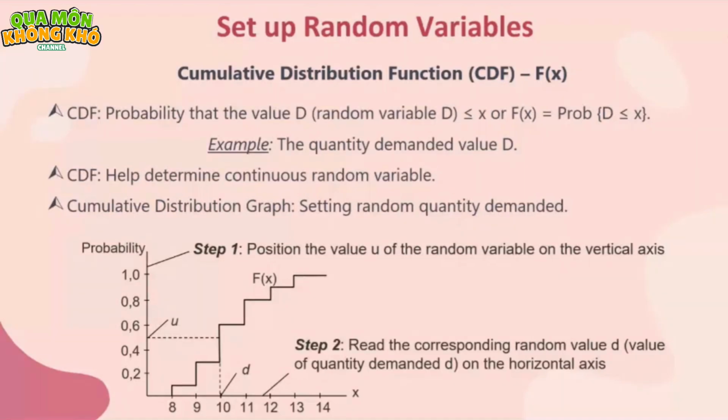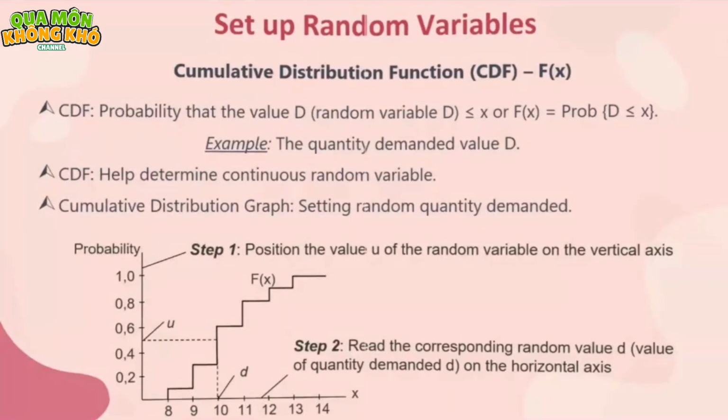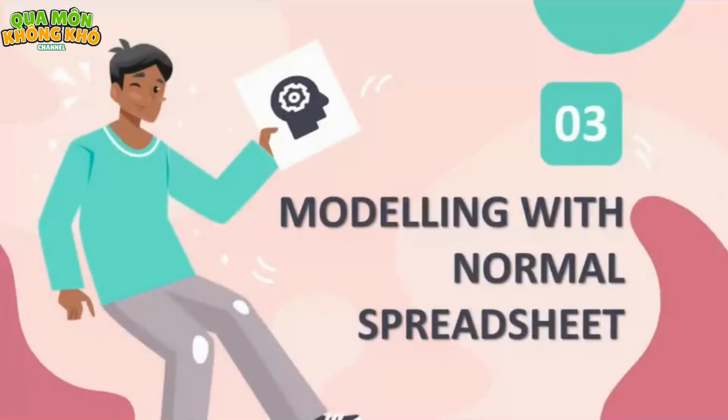For example, for the quantity demanded D, the cumulative distribution will help determine the continuous random variables. And next, we will apply the simulation in Excel, and it will be presented by the next presenter.